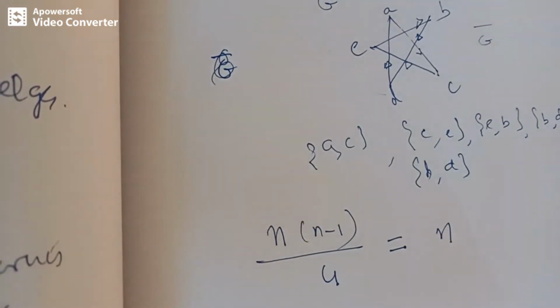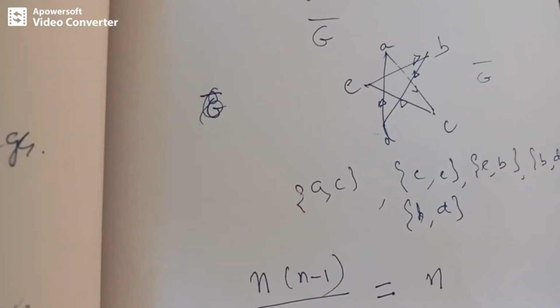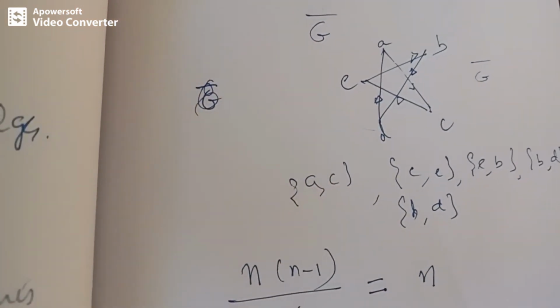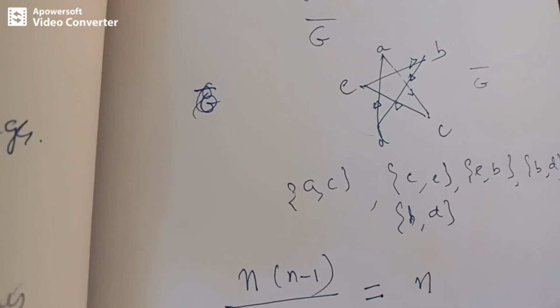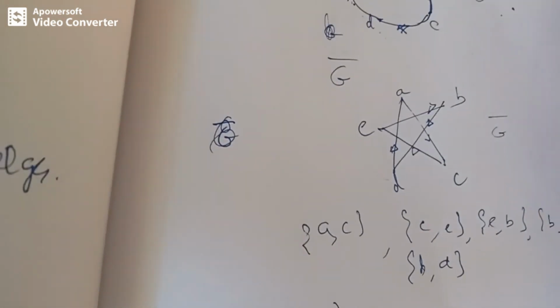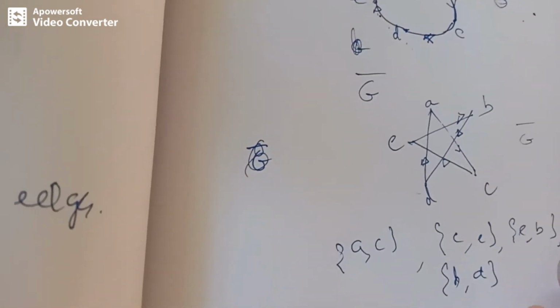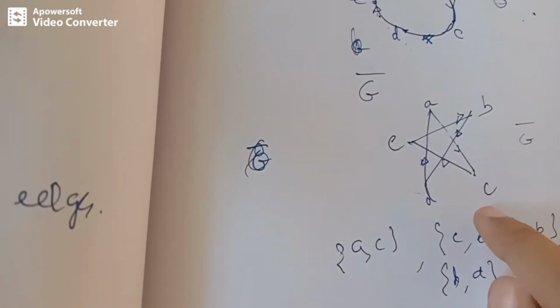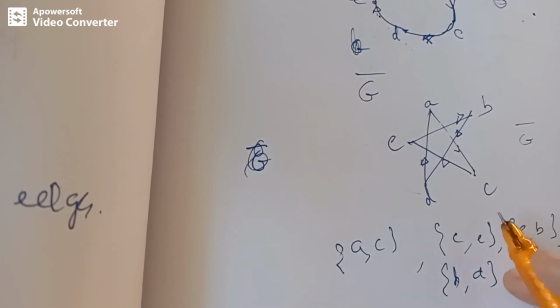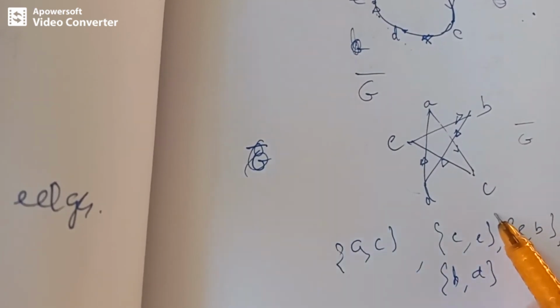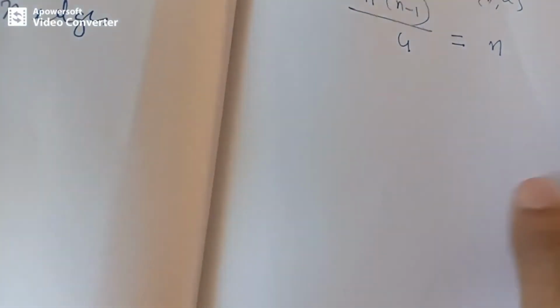First of all, when can we call a graph self-complementary? A simple graph G which is isomorphic to its complement, G complement, is called a self-complementary graph. For example, I will give you an illustration.